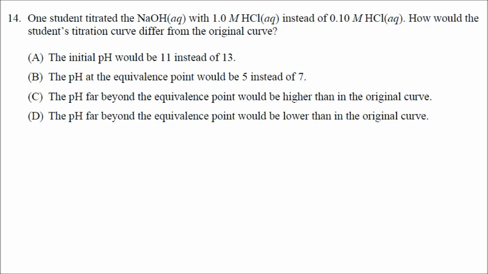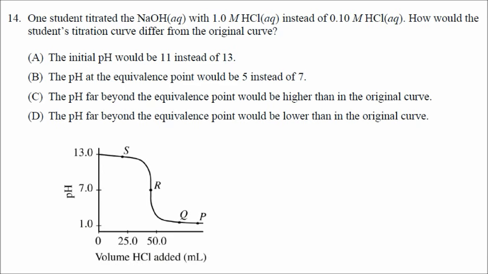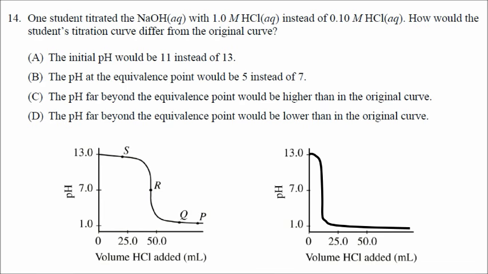Number 14. What if they used 1 molar hydrochloric acid as the titrant instead of 0.1 molar hydrochloric acid? Well, that's the original curve. If we used a solution of hydrochloric acid that is 10 times more concentrated, you're going to have so many more moles of H plus ions that your equivalence point will happen much more rapidly.